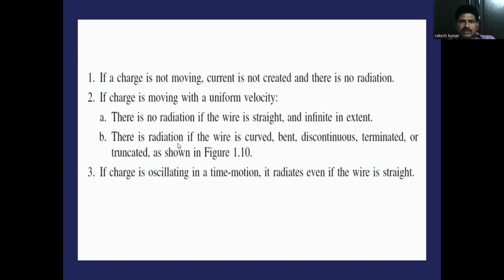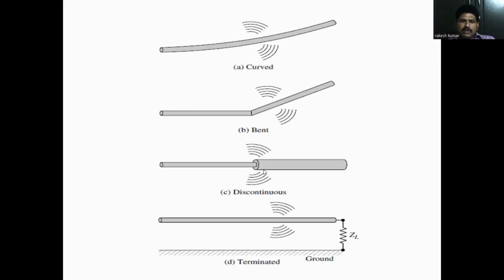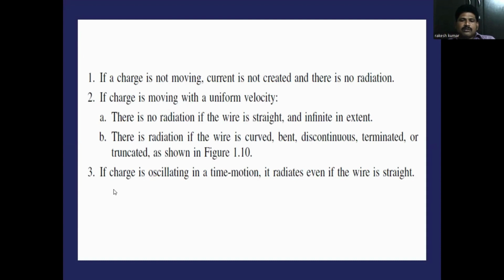Okay. So there is radiation if the wire is curved, bent, discontinuous, terminated, truncated, as we have shown in the previous diagram. The third chance is if the charge is oscillating in time motion, it radiates even if the wire is straight. So finally, we conclude what the sources are for an antenna, any wire to radiate.